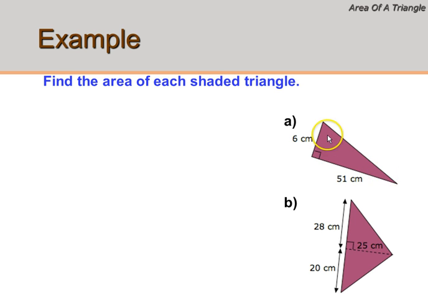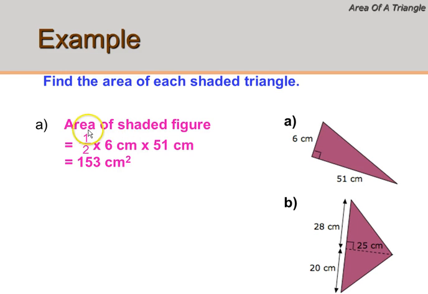Either one could be the base and the other the height. So are you able to determine the area of this triangle? How about this? Where is the base? Right, let's carry on.